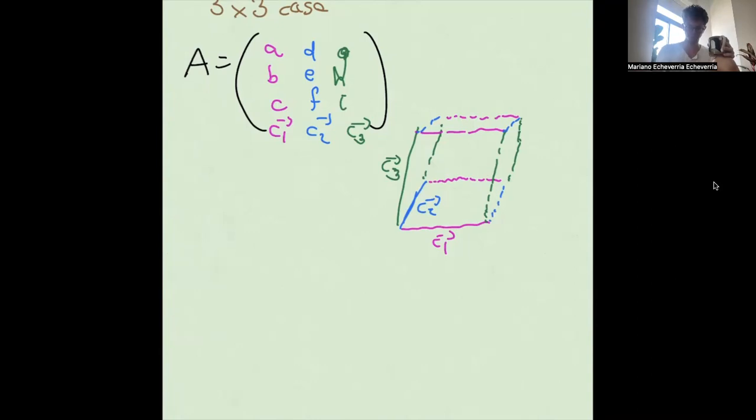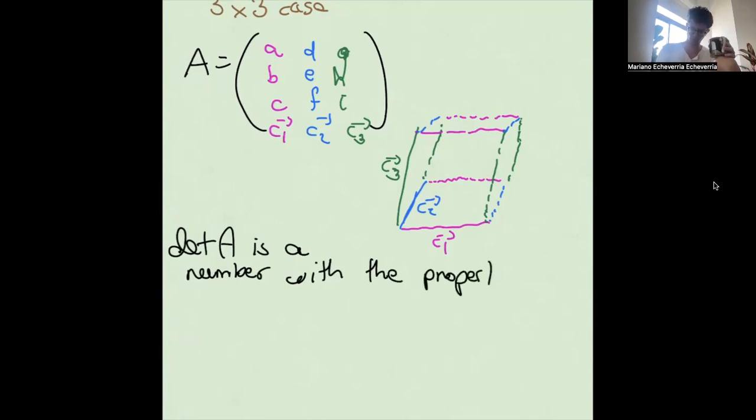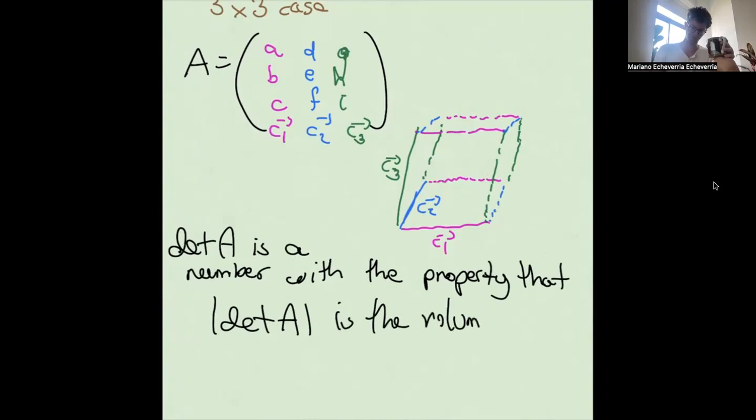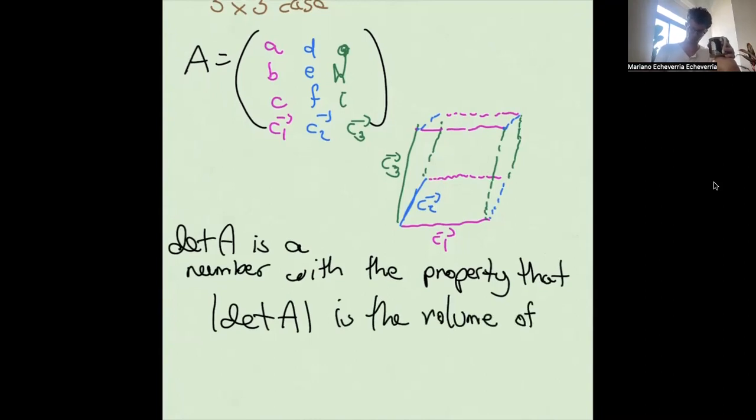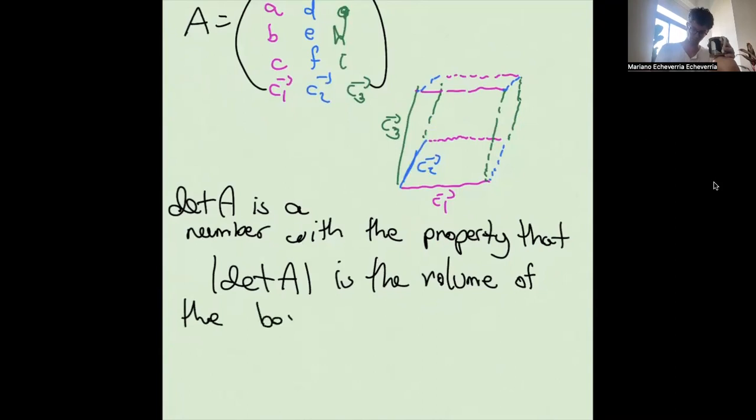And so the determinant is going to be a number with the property that the absolute value of the determinant is the volume. Now it's no longer area, but volume. It is the volume of this box, whose sides are C1, C2, C3.